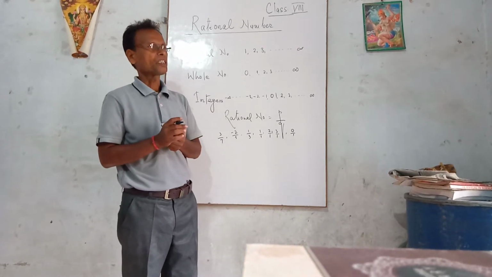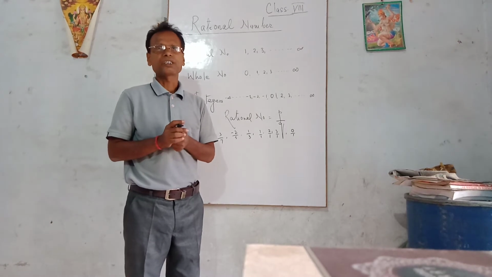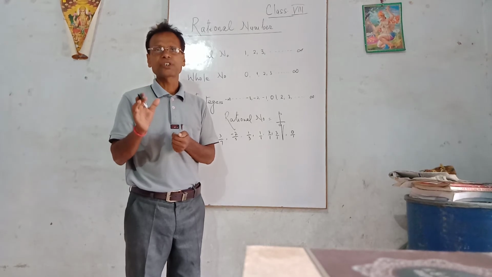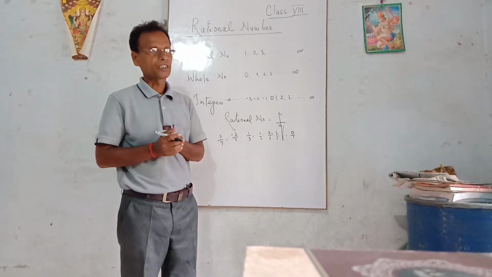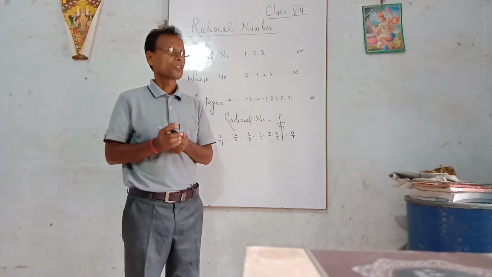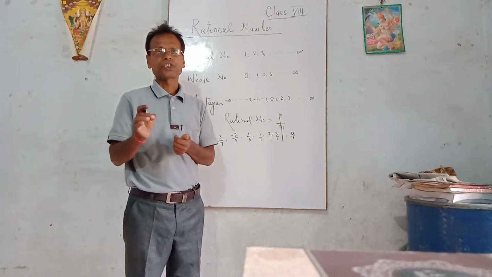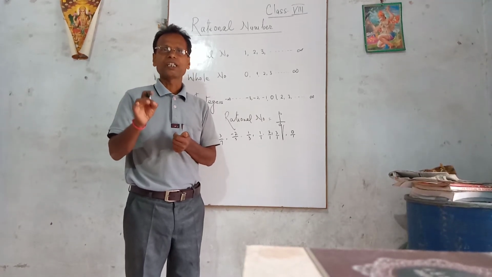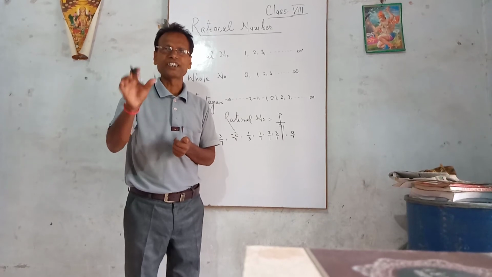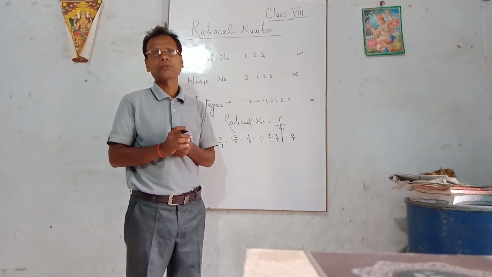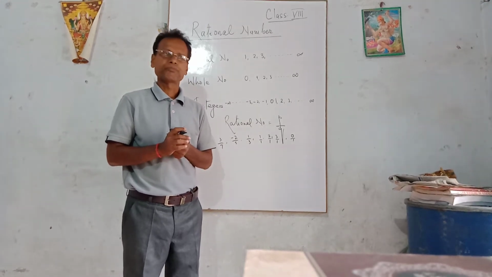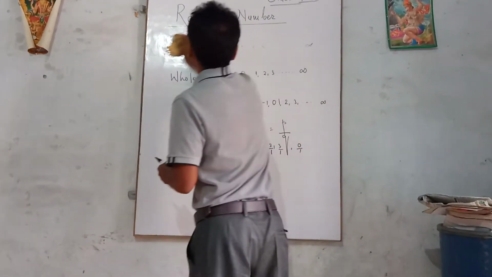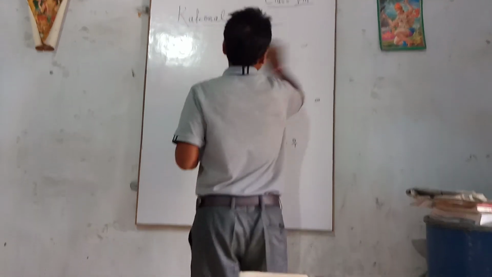After getting a clear concept of rational numbers, let's see some laws of rational numbers on the basis of class 8. That is commutative law, associative law, distributive law, existence of additive inverse, and existence of additive identity. These are the laws of rational numbers.